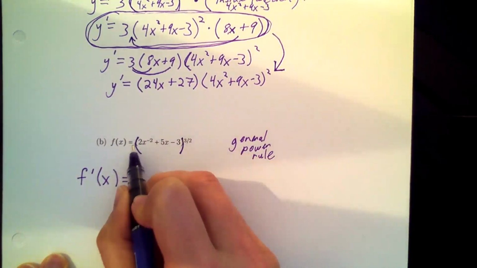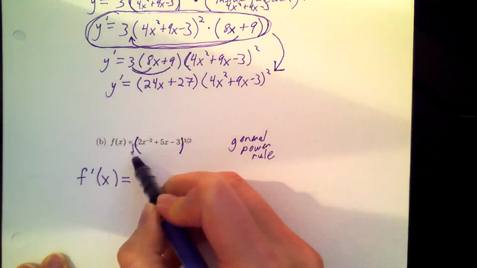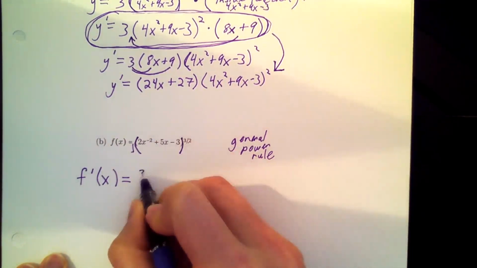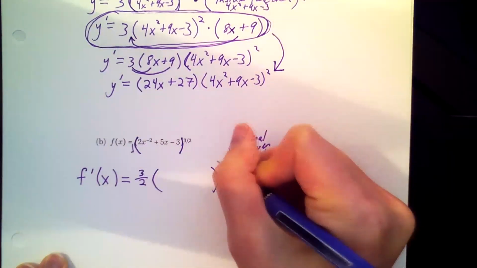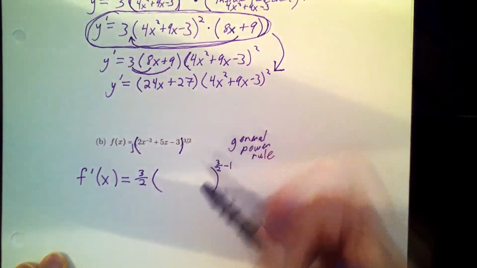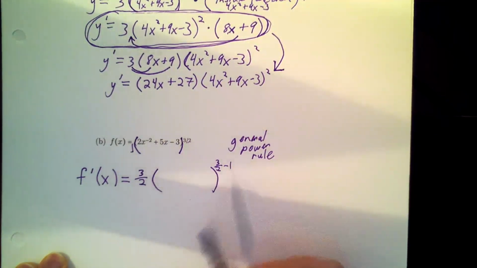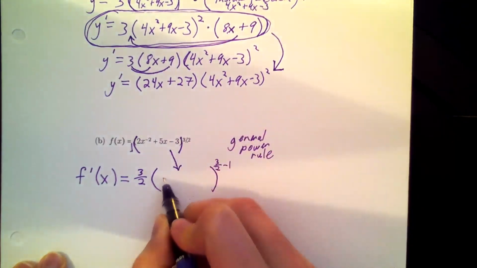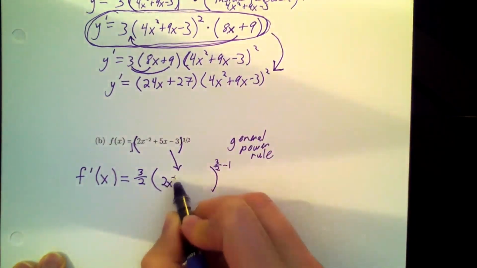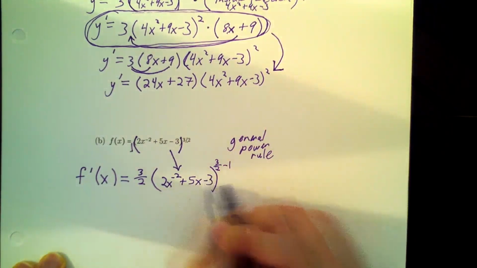The coefficient in front of this term is 1, so we do c times r, 1 times 3/2, just 3/2, x to the 3/2 minus 1 power. See, this is the power rule, 1 times 3/2, 3/2, x to the 3/2 minus 1, but instead of x, it's this function that was sitting here the whole time, 2x to the minus 2 plus 5x minus 3.